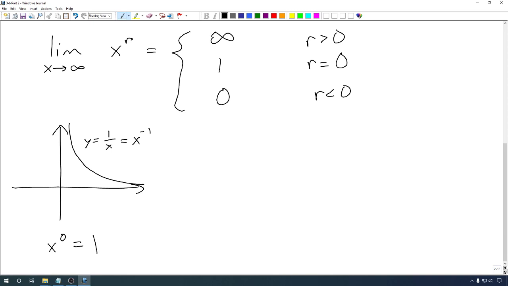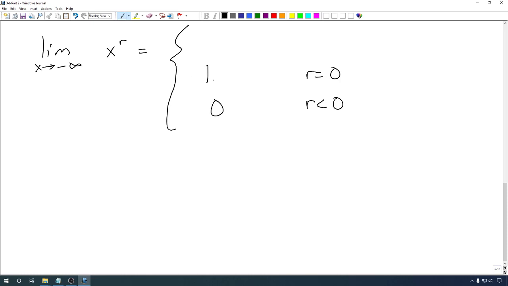Now things become a little bit more complicated if we go to negative infinity instead. We're still going to have a similar kind of breakdown. If r here is negative, we're going to go to 0. If r equals 0, we're going to go to 1.